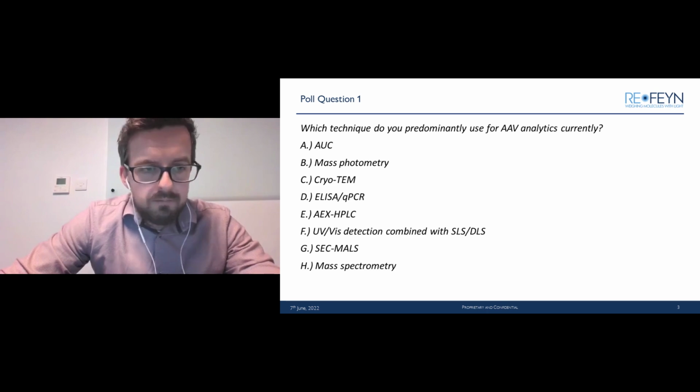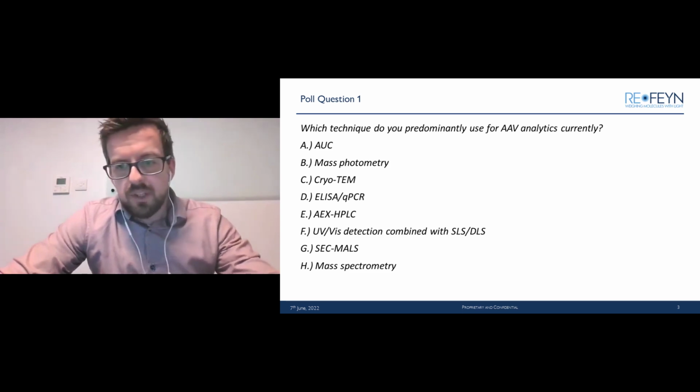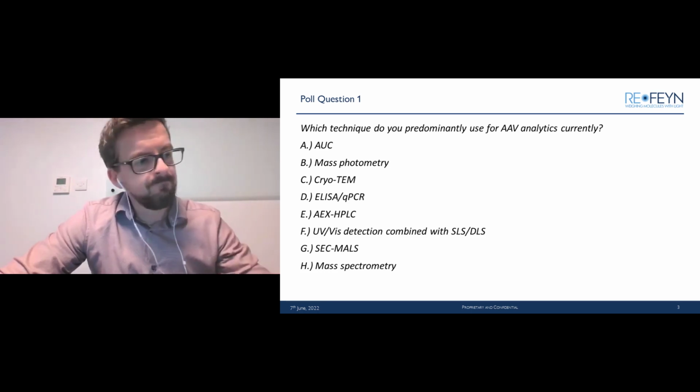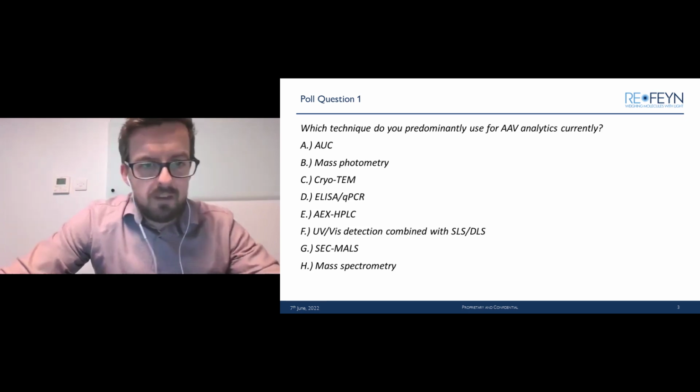A, AUC, B, mass photometry, C, cryo-TEM, D, ELISA qPCR, E, AEX HPLC, F, UV vis detection combined with SLS or DLS, G, SEC-MALS, or H, mass spectrometry. I'll just give you a couple of seconds to answer that question and then we'll get underway. Fantastic. Thank you.